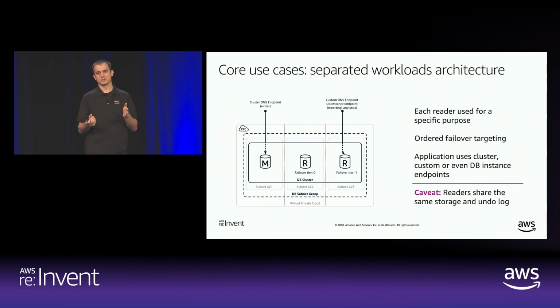So that's important to know, because you want to make sure that those types of workloads don't impact your other nodes and your other workloads running on the same cluster.